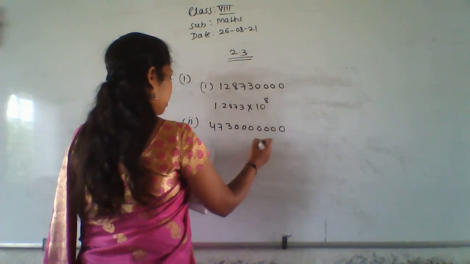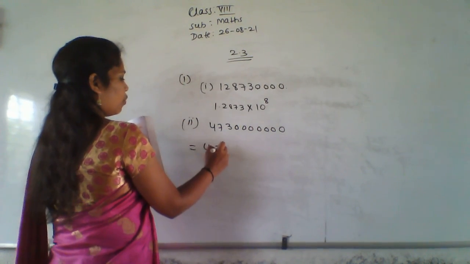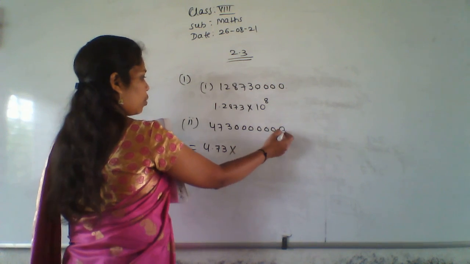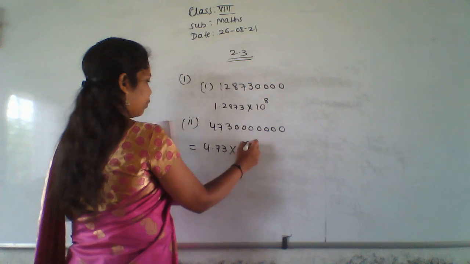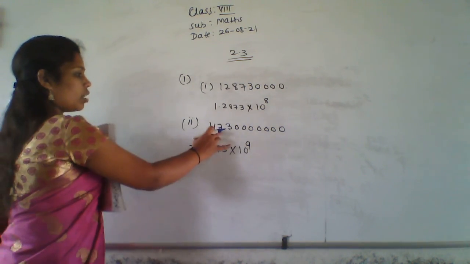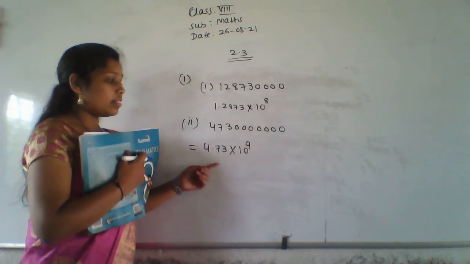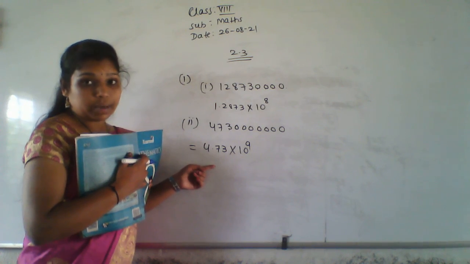Again shift the point, 4.73 into 10 to the power 9. This is called the standard form of a number.